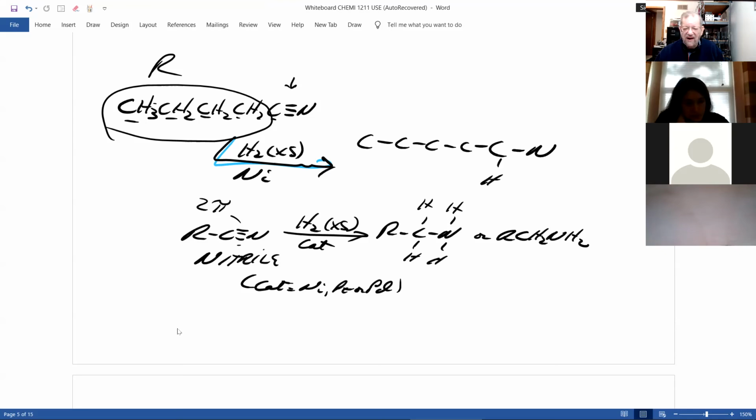I break the pi bonds, 2 of them, and each atom of the triple bond gets 2 hydrogens, and I know there's 4 bonds to carbon, so I can put in the rest. And you could have also written it this way.